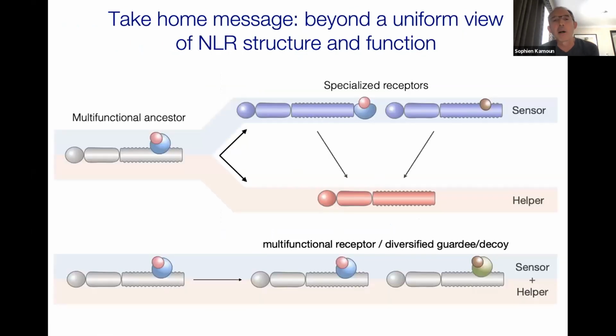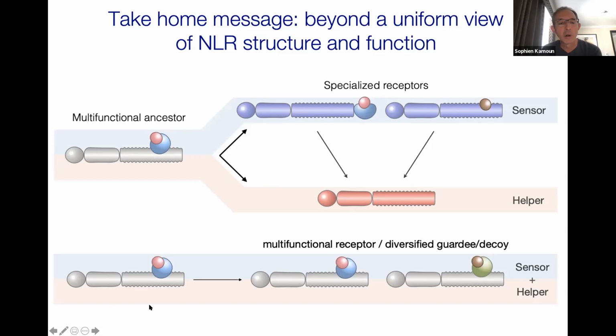So again, back to the take-home message, and to conclude, I think the message here really more than anything is that we should go way beyond this uniform view of NLR structure and function. So first of all, NLRs can go in different evolutionary trajectories, and they can function in different ways. They can be specialized sensor receptors. Some of them have integrated domain.